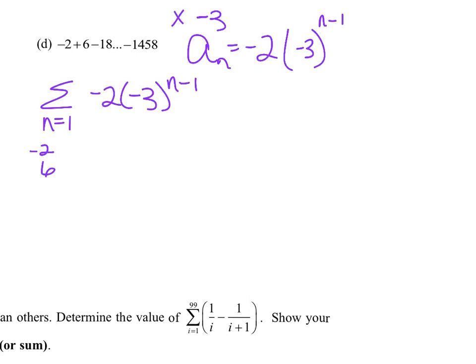We multiply that by -3, we get -18, which we knew. We multiply that by -3, we get 54. Multiply that by -3, we get -162. And I'm going to keep going. And there it is, the -1458.